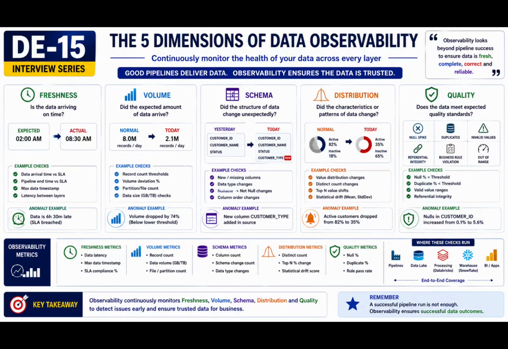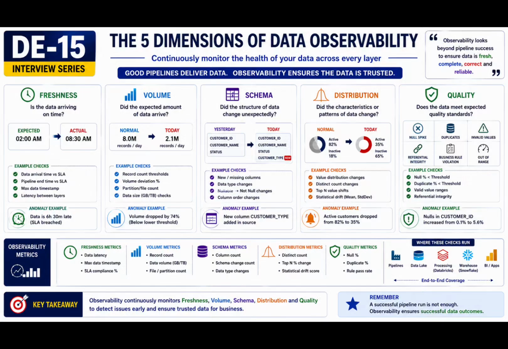Then the fifth one is quality. Finally, we monitor the actual quality of the data. Examples include null percentage, duplicate percentage, invalid values, referential integrity, business rule violations, and values outside expected ranges. For example, suppose normally only 0.1% of customer IDs are null.